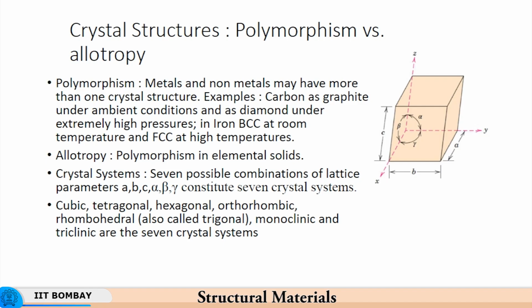This is called as polymorphism because there is a possibility of getting different crystal structures by subjecting the material to the different conditions of temperature, pressure, and so on. For instance, carbon occurs as graphite, but it can occur as diamond under very high pressures and temperatures.